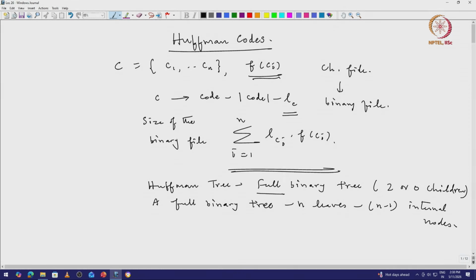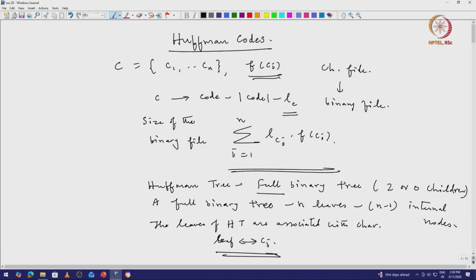And in the Huffman tree, the leaves are associated with characters. So each leaf is associated with some character Ci.